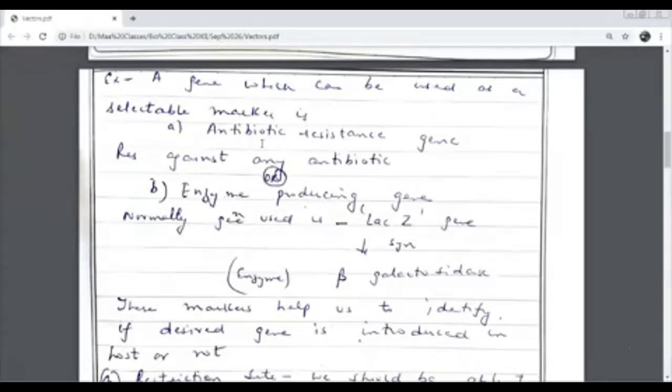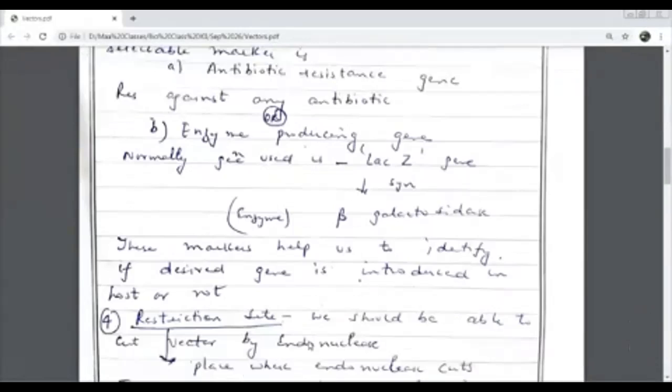And the second one which can be used is an enzyme producing gene. We have done an example of an enzyme producing gene. The name of the gene is lacZ. It synthesizes which enzyme? Beta-galactosidase. Very good. So these markers help us to identify if your desired gene is introduced into the host or not.